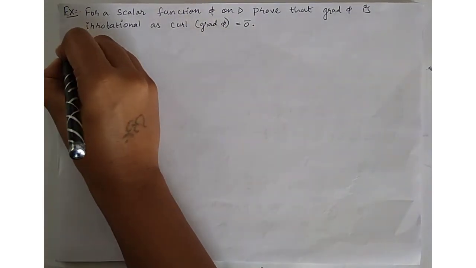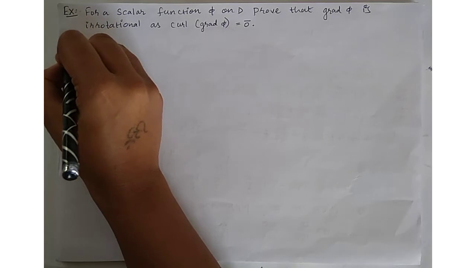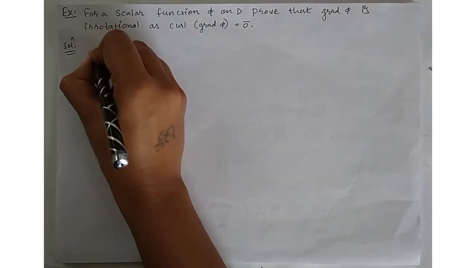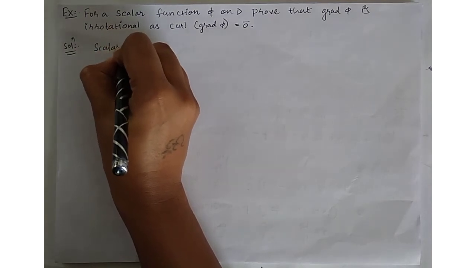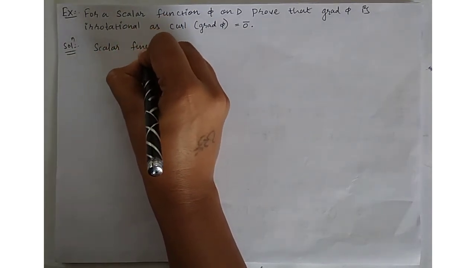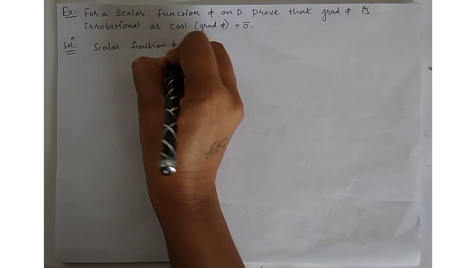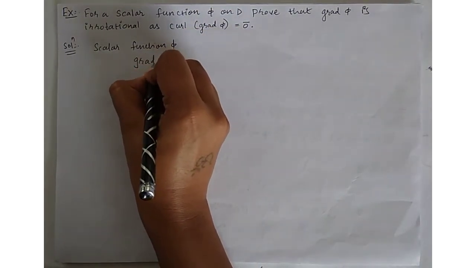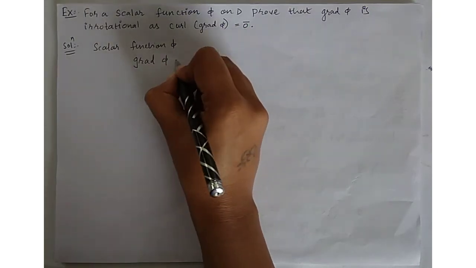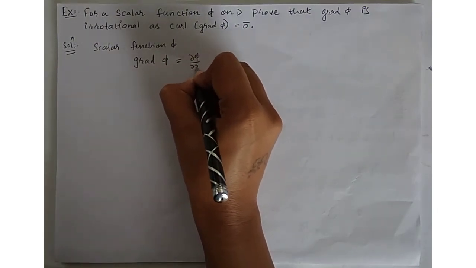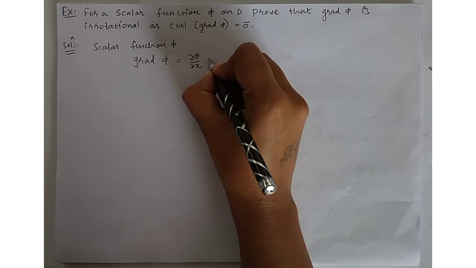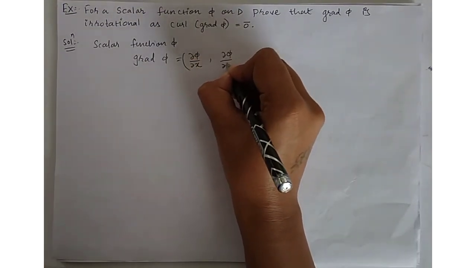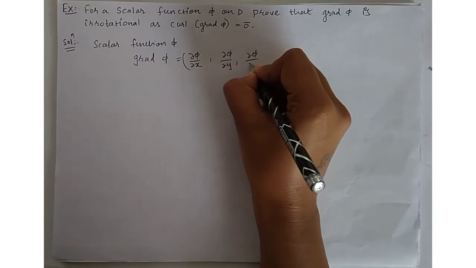So for the solution, first, for any scalar function phi, gradient of phi is del phi by del x, del phi by del y and del phi by del z.